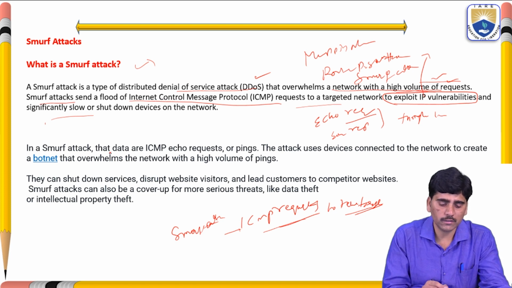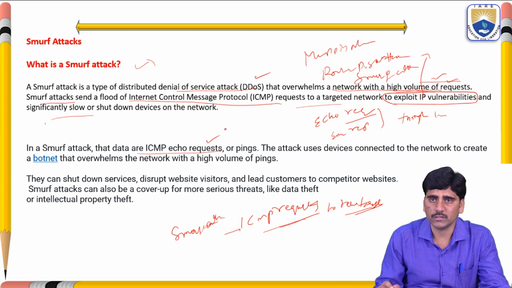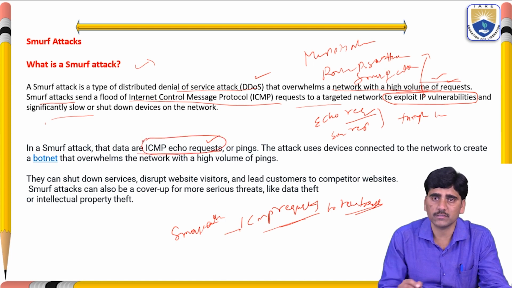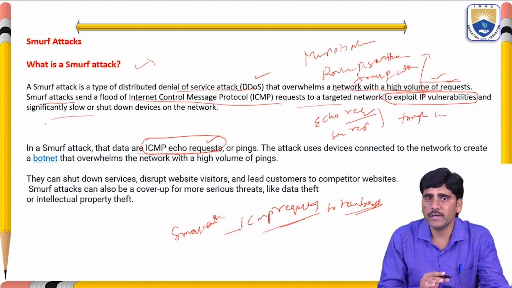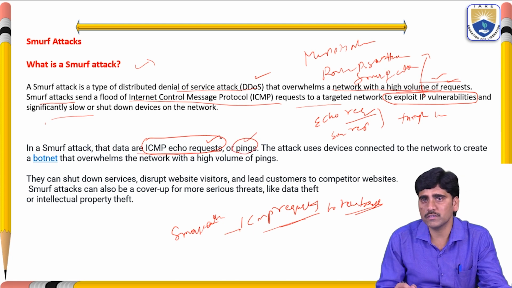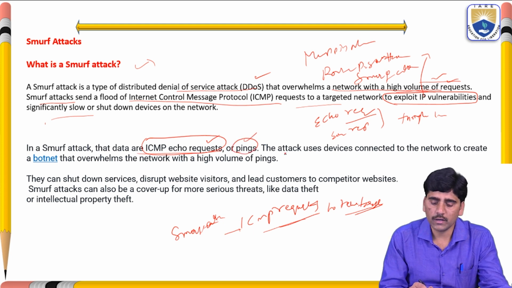In a Smurf attack, the data are ICMP echo requests. With the help of these flooded ICMP requests, flooded meaning sending multiple requests at one time, or pings, the attack uses devices connected to the network to create a botnet.